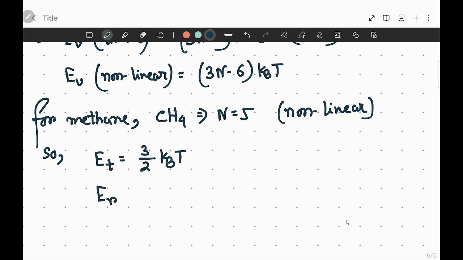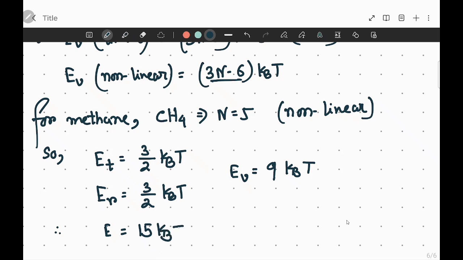E rotational will here be 3 by 2 kBT. And E vibration, it is non-linear, so 3n minus 6, so it is 9 kBT. So the total energy will be, not 15, but 12 kBT.